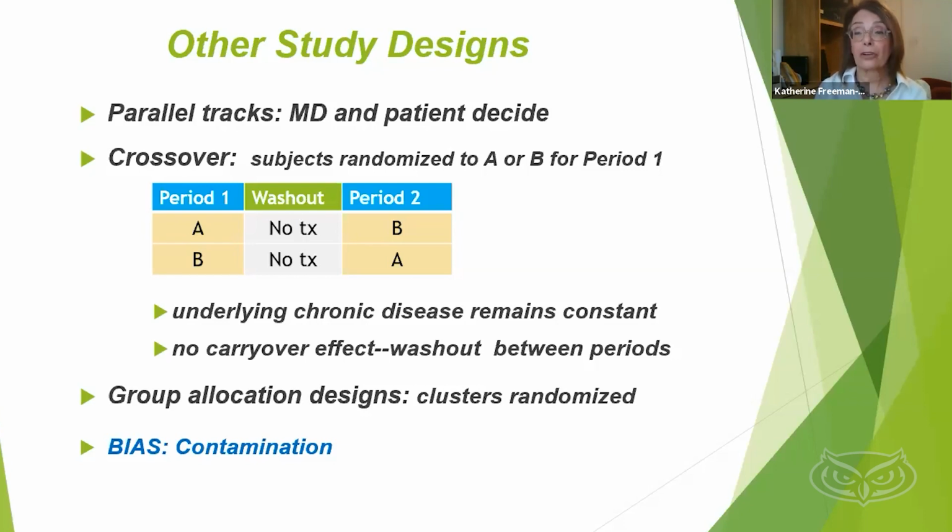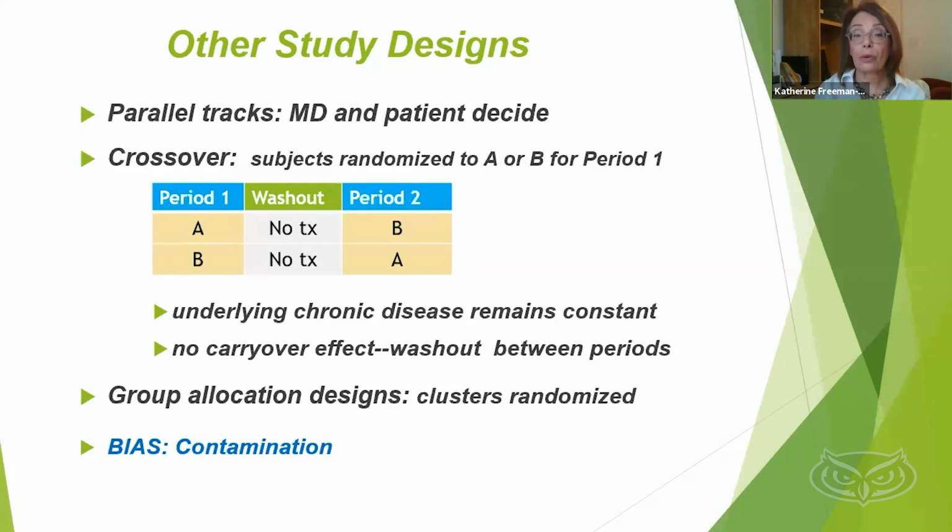Now, the advantage of this trial design is that because each patient is used as his or her own control, you're reducing the amount of variability or noise in the study. And when you reduce variability, you're increasing the power of the study.